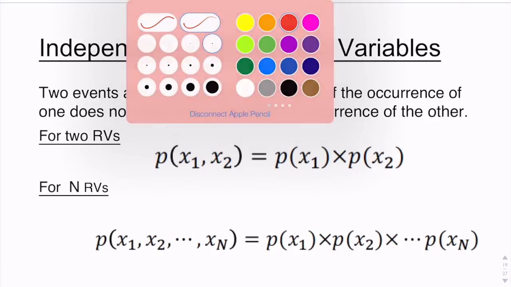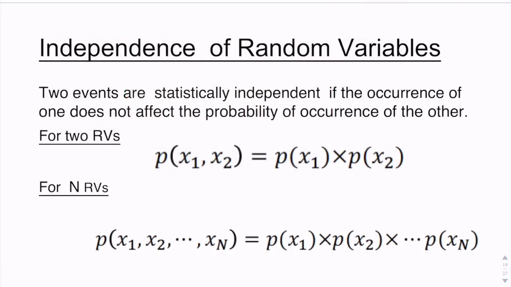Let's take a look at the case when you have two random variables. The joint probability distribution is probability of x1 and x2. For instance, you can consider x1 is the number of times a student checks Facebook, and x2 is the number of times that student checks Instagram.